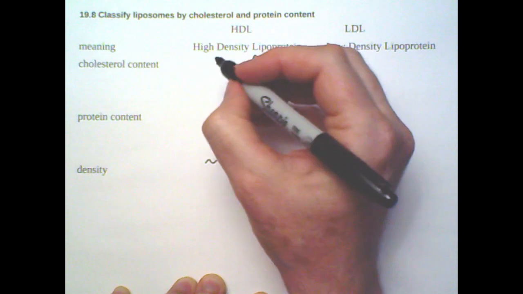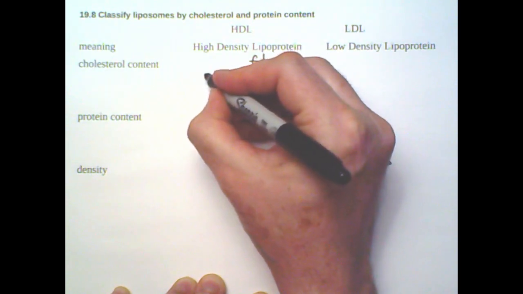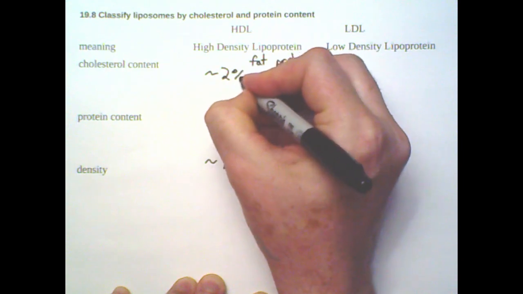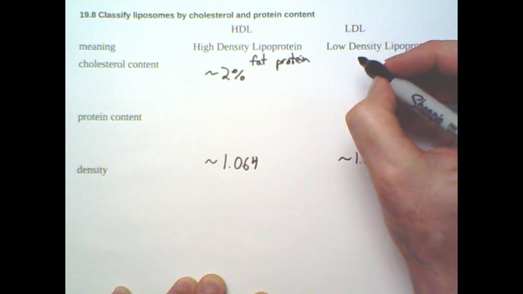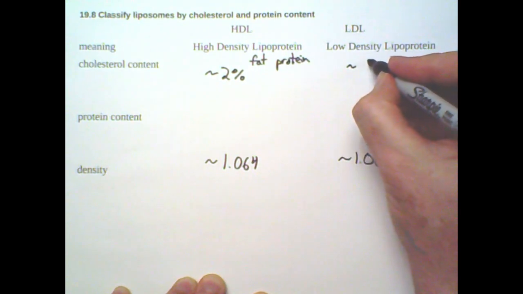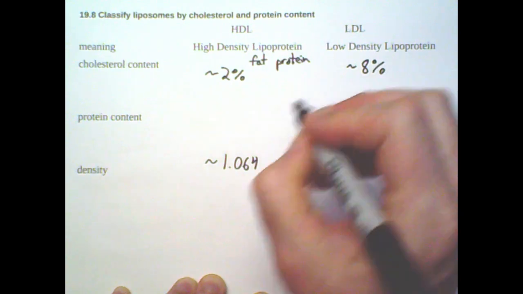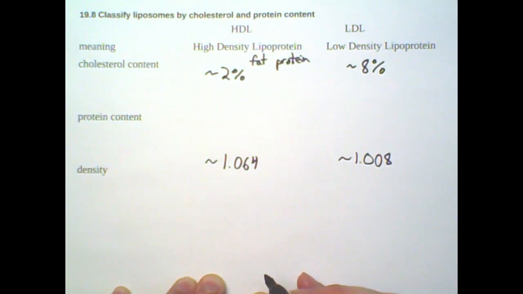And in high-density lipoproteins, it's a small portion, around 2%. In low-density lipoproteins, it's a much higher proportion, around 8%.